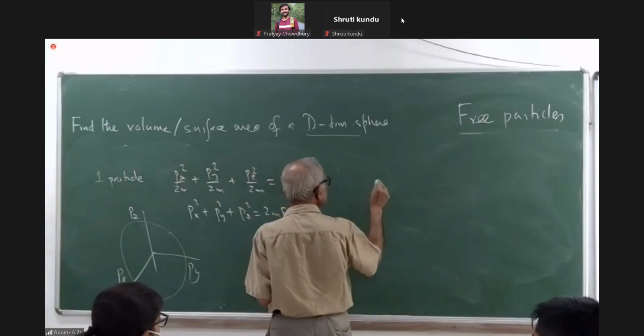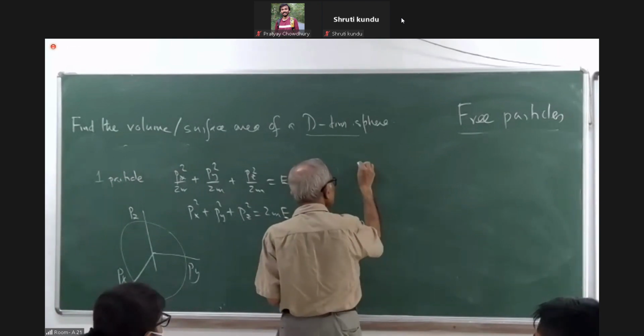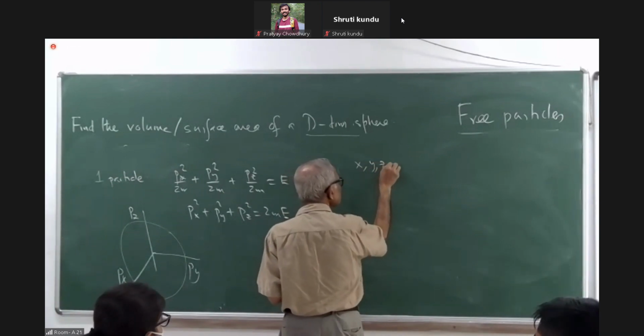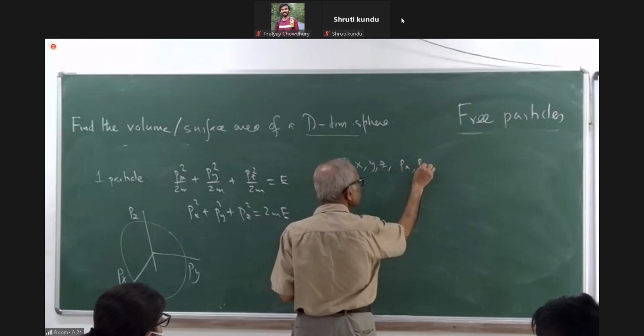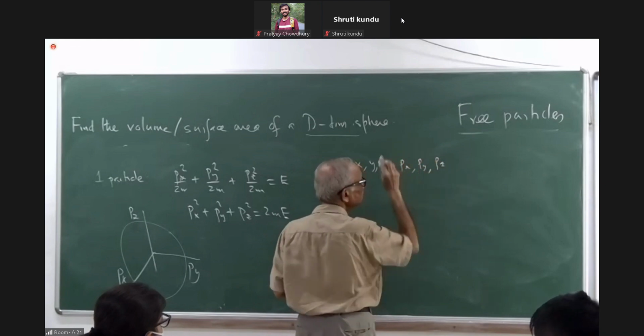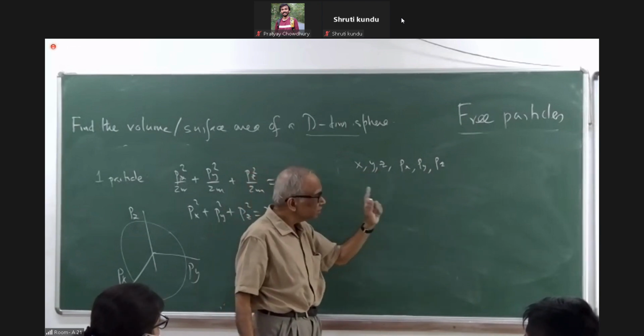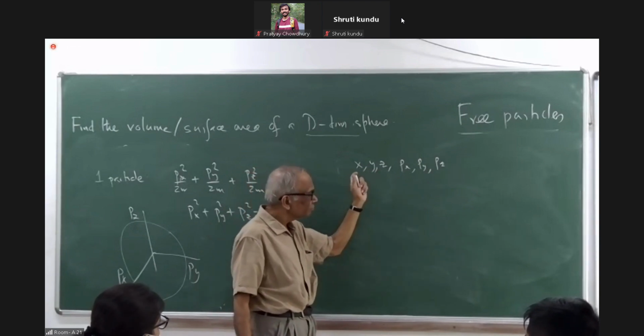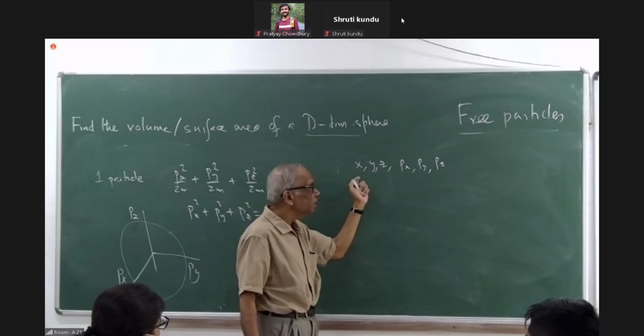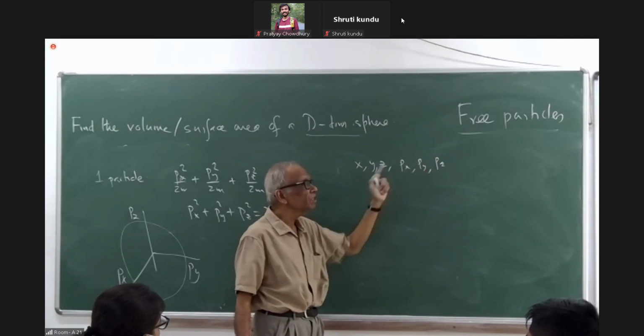Every particle is characterized by x, y, z, px, py, pz. So the dynamics of every particle in a 3D space is specified by x, y, z, px, py, pz.